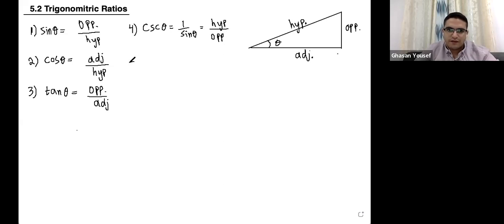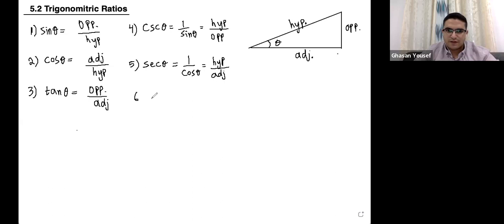Number five is the secant, which is 1 over cosine of the angle, and this is equal to the hypotenuse over the adjacent.